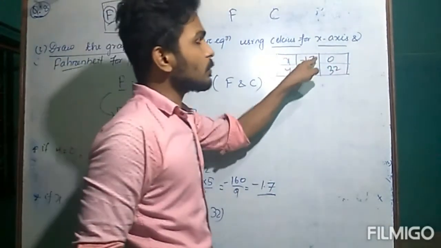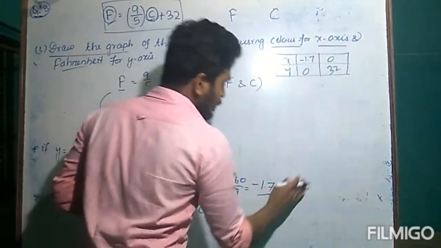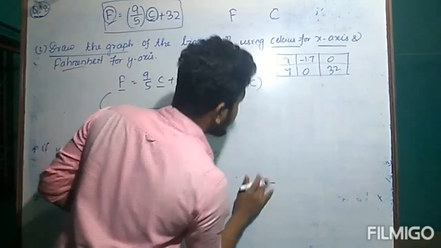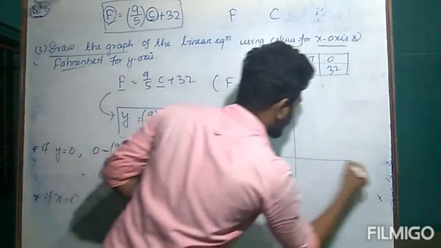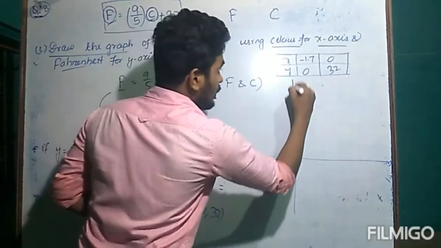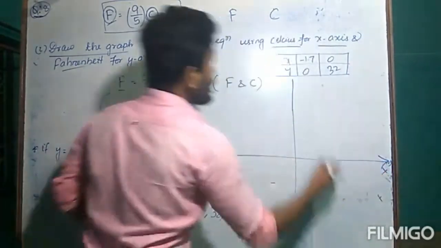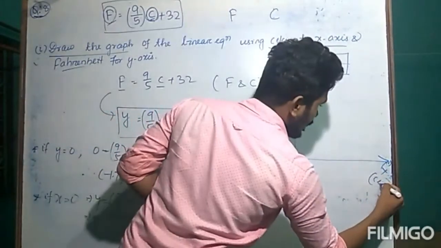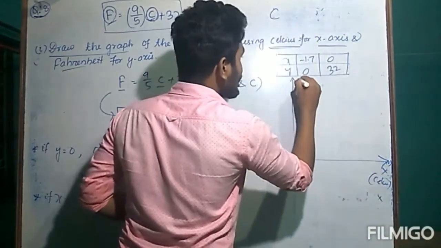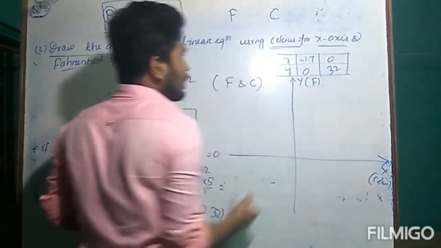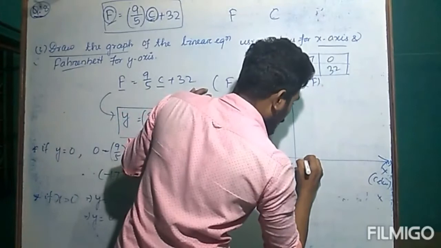We have to represent these 2 points on the Cartesian coordinate system. The x-axis represents the Celsius scale and the y-axis represents the Fahrenheit scale. So mark the points.